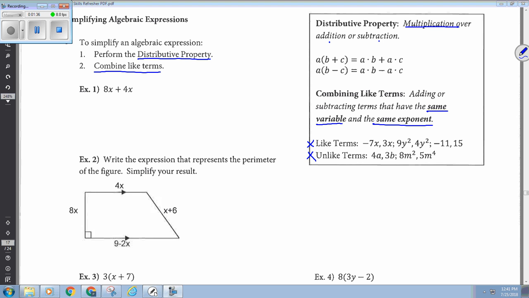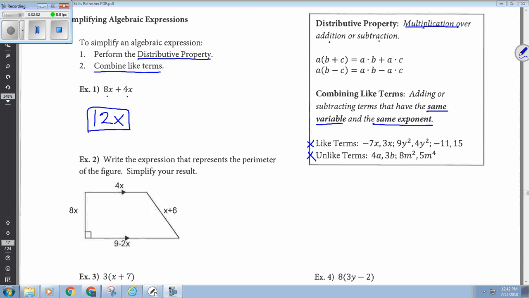Example 1, basic combining like terms. 8x plus 4x, they have the same variable and they have the same exponent. So you keep the variable and just add the two numbers. 8 plus 4 is 12. So that's done.